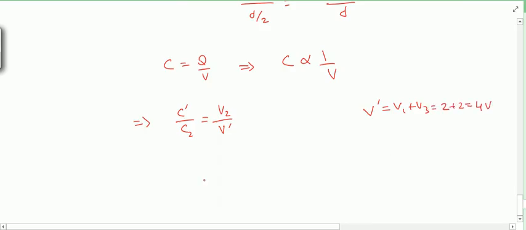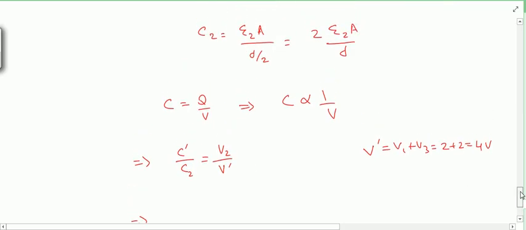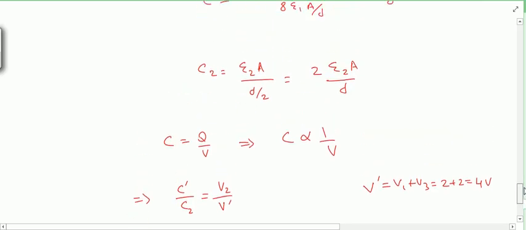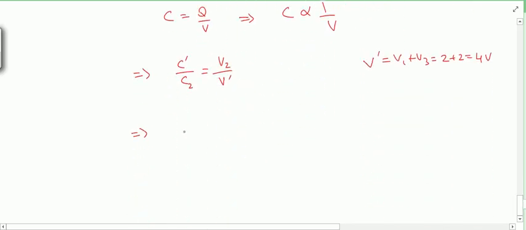Right. If I put in the values of capacitance, C dash is 2 epsilon 1 A by d, and the value for C2 was 2 epsilon 2 A by d. This will equal V2 by V dash, where V2 was 6 volts and this was 4 volts, right?